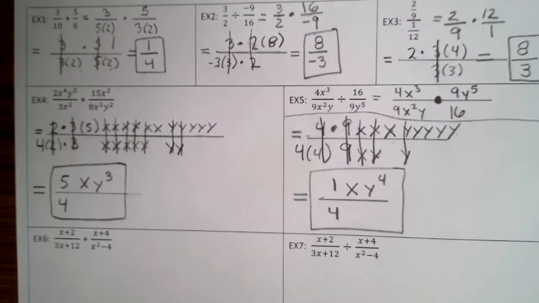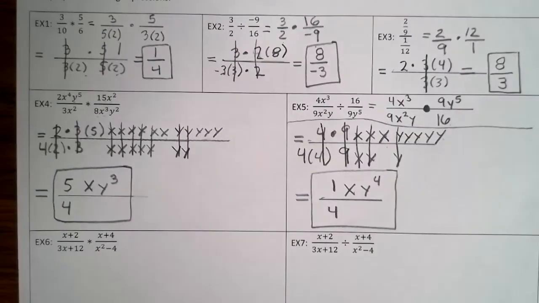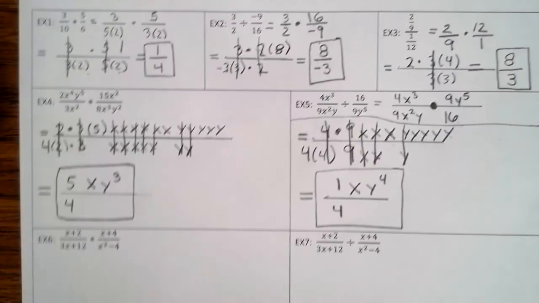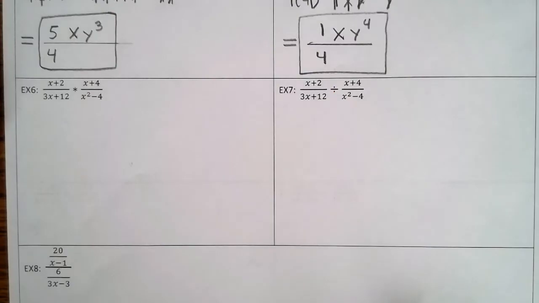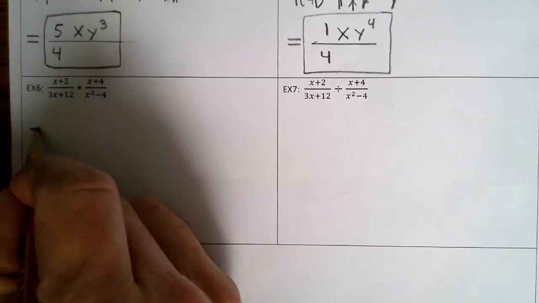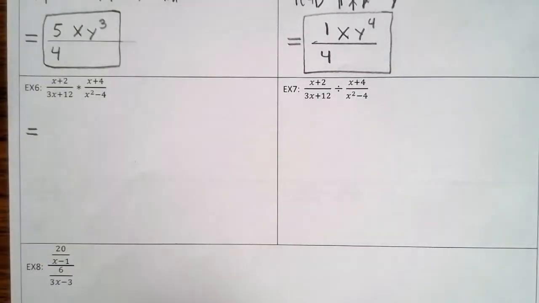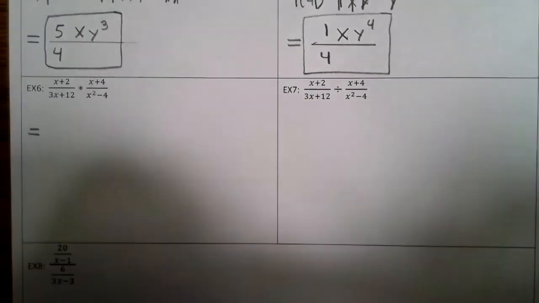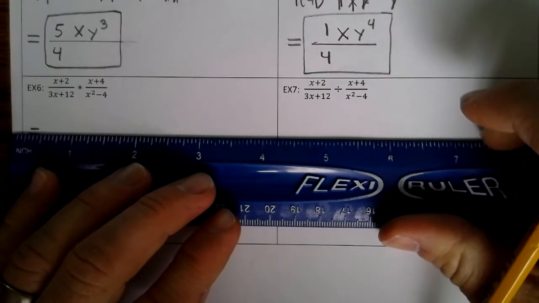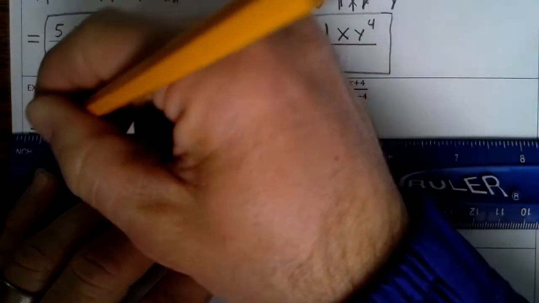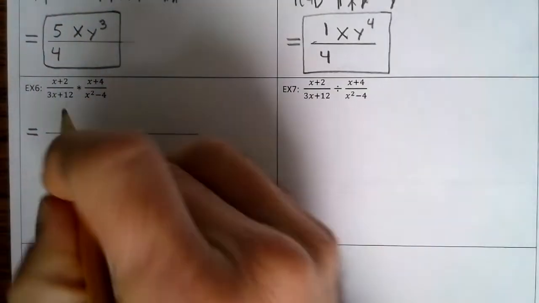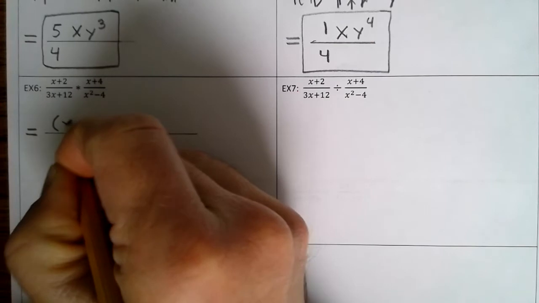All right, let's look at example 6. Now, this one's a little different in that we need to factor a little differently. Now, the numerator, we can just leave as x plus 2 times x plus 4.